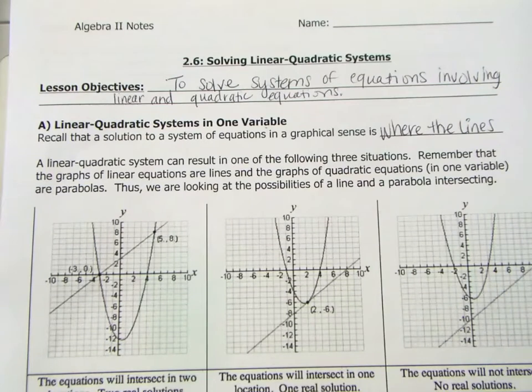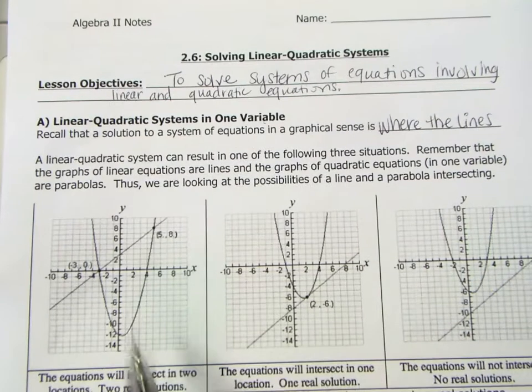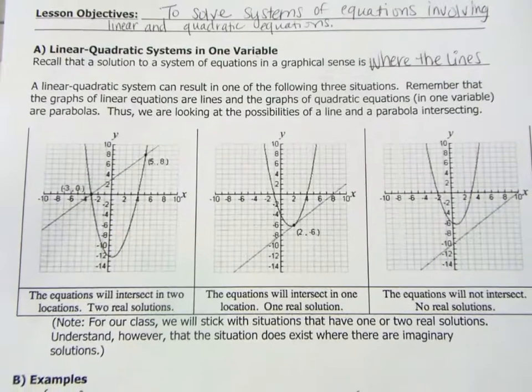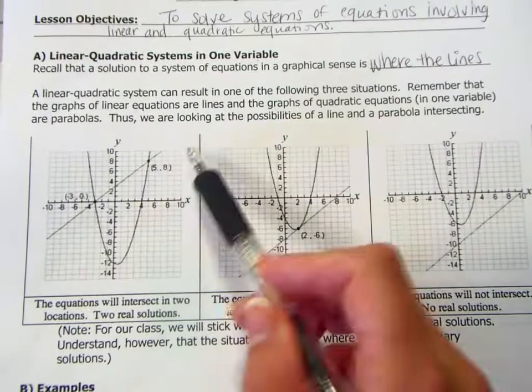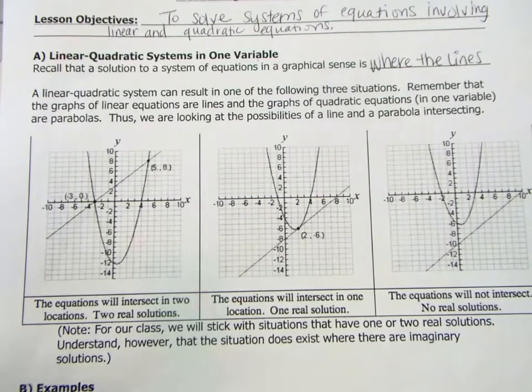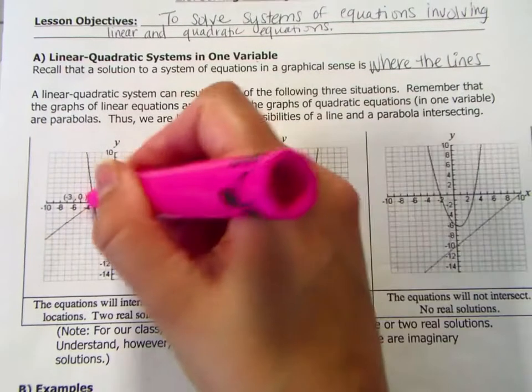Remember that the graphs of linear equations are lines and the graph of quadratic equations in one variable are parabolas. So essentially we're looking at the possibilities of a line and a parabola intersecting. We can see in the first situation that your line could intersect your parabola in two places.